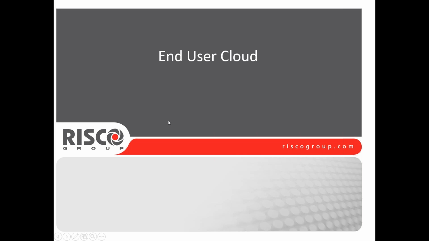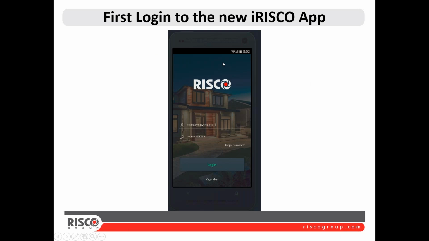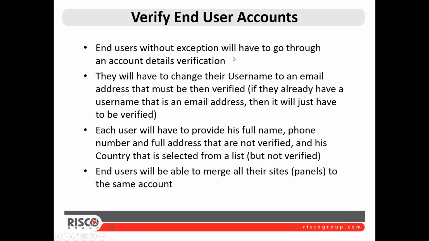All right, so let's look at what's happening from the end user's point of view with regards to the cloud, because end users will be required to go through account detail verification. Without exception, they will have to put in all of their information.